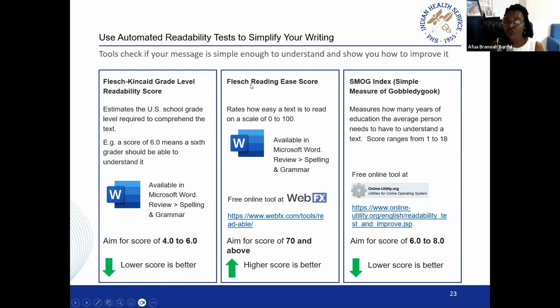There's also a Flesch reading ease score. That one has a calculation in the background that works out how easy it is to read a text on a scale of 0 to 100. It's also available in Word under review and then spelling and grammar. We will do demonstrations of this next week. There are also some free tools that do these Flesch reading scores. I've put the links here.